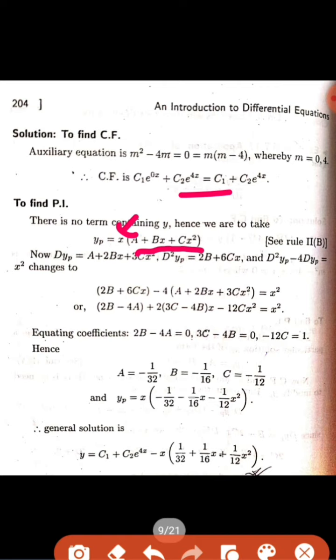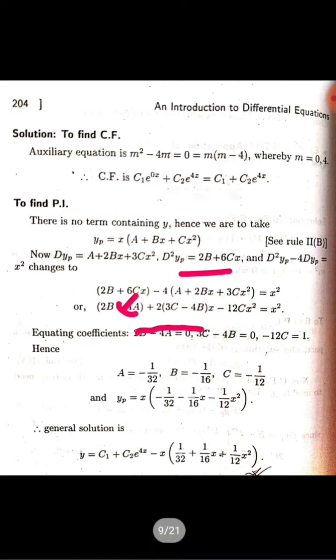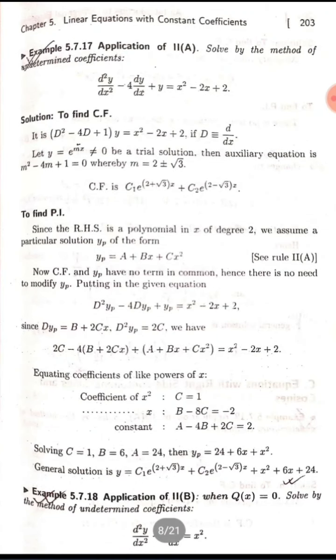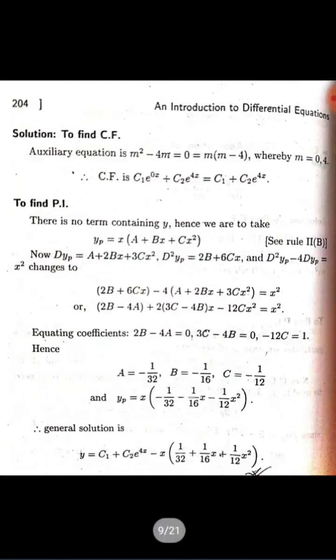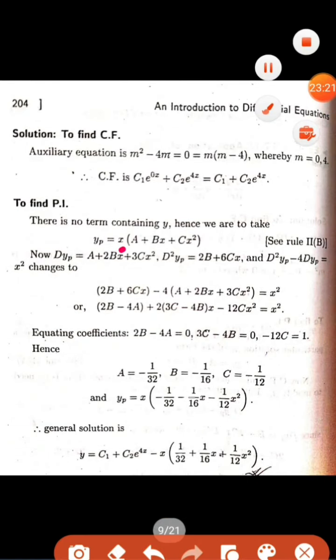What is the reason for multiplying by x? You can see that in this problem the value of Q(x) equals 0, comparing with the main equation we discussed at the start of the video. Here Q(x) equals 0, so we have to multiply it by x.